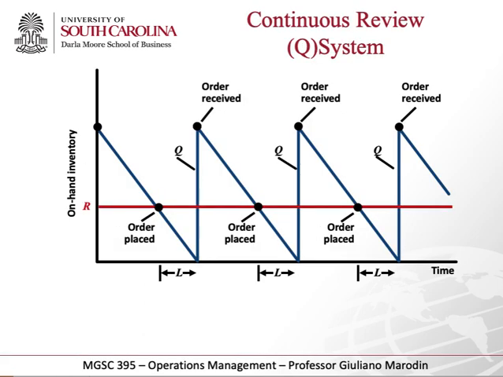So let's take a look at this chart. It shows on-hand inventory. Let's say you're buying 24, so you have 24 here. You're consuming 1 per day. When it gets to 4, you're going to place your order, right? That's what we decided as our reorder point. Then let's say it takes 4 days to actually find toilet paper in your city.